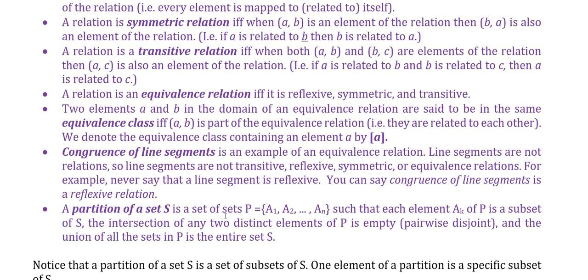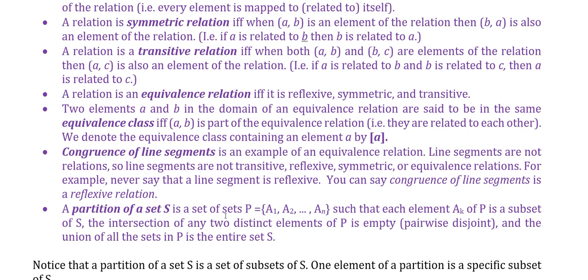Another concept that's important is very much related. It's called a partition of a set. So a partition of a set is a set of sets, say A1, A2, up to AN, such that each A sub k of the partition is a subset of S, and the intersection of any two distinct elements of P is empty, so they're what we call pairwise disjoint.